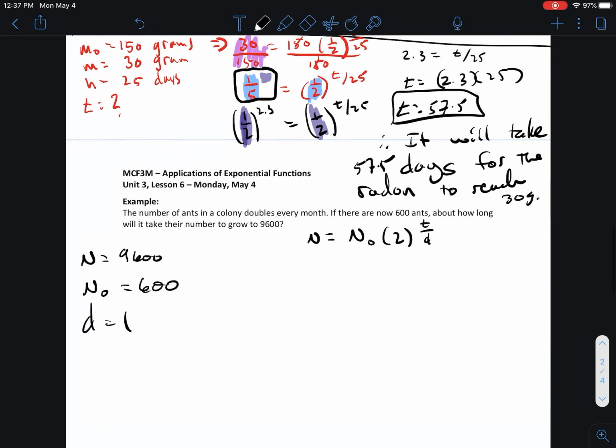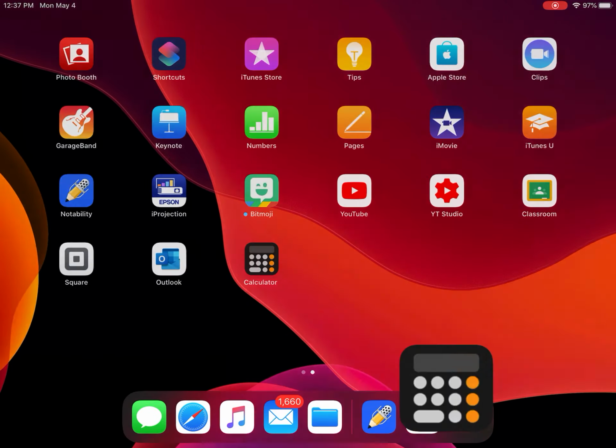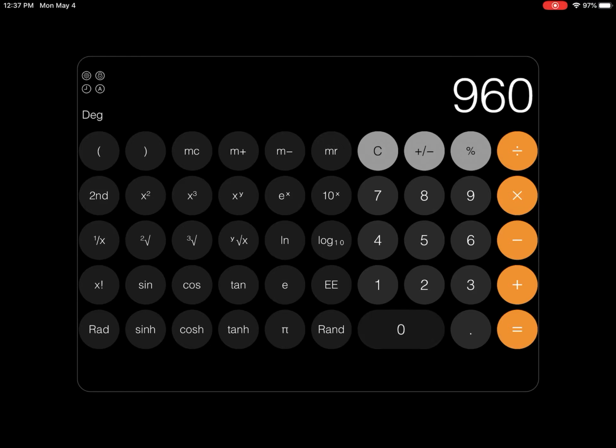I'll try to do this a little bit cleaner. This question works out a little bit nicer. This would be an example of a real world example where things are a little bit more messy. This one's just strategically been picked nicely for you. So to actually work it out, I'm just going to fill in the information. 9,600 is going to be equal to 600 multiplied by 2 to the t over 1, so it's just going to become t.